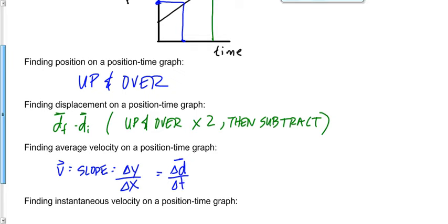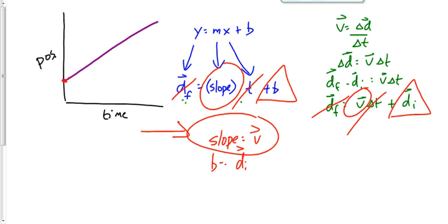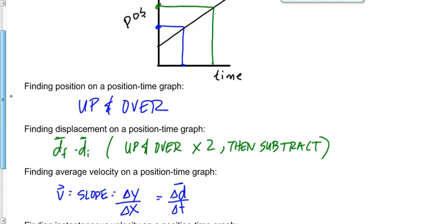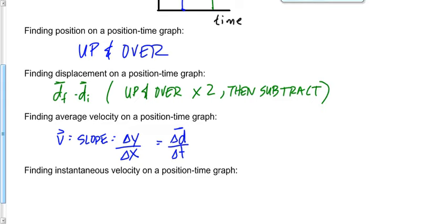You might not get as excited about something like this as I do, but this is elegant. Look, the slope is delta y over delta x, right? And we established a minute ago that the slope of the graph is equal to velocity, right? We already knew that velocity was delta d over delta t. So it's either one of those, right?